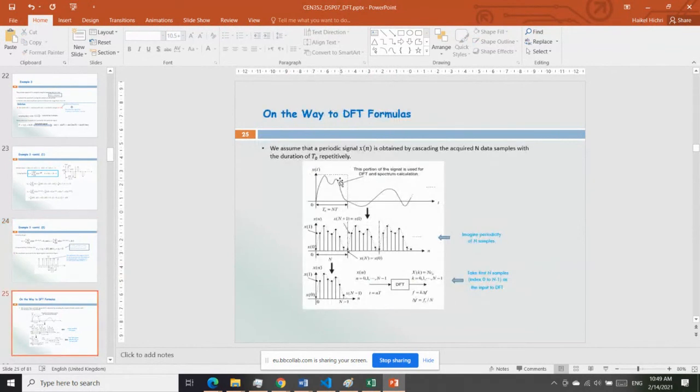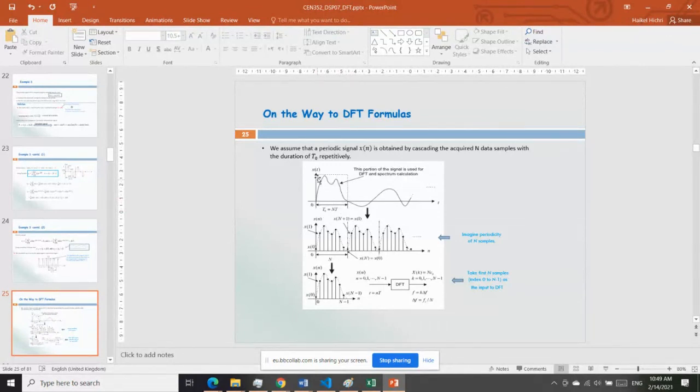So we assume that the periodic signal xn is obtained by cascading the acquired n samples with a duration of t0 repeatedly. So the original signal is not periodic, it is complex and long. But because we're using it in a computer, I cannot do a DFT of an infinite sequence, so I look at a window. I'm looking at just n samples, finite samples.